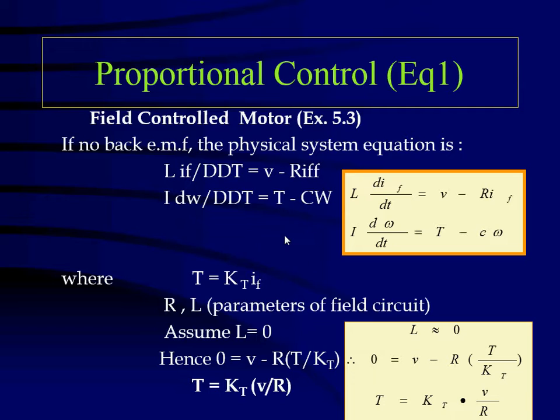And you will end up with this kind of equation. So you are obtaining the transfer function of the position with respect to the torque, or the position here with respect to this other input right here.